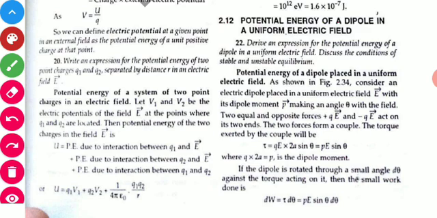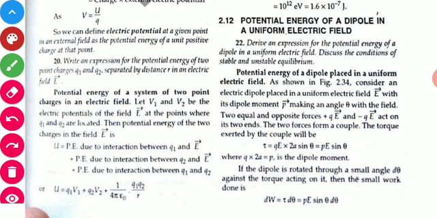Now we know the formula for potential energy due to Q1 in external field E. We know that potential energy in an external field is equal to charge into potential of that point. So it will be Q1 V1, and also for Q2 it will be Q2 V2.